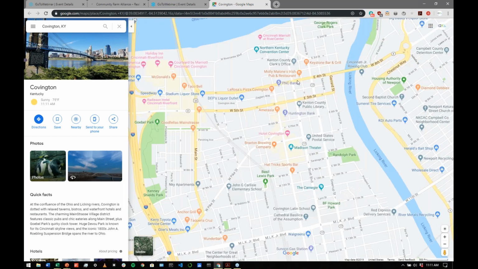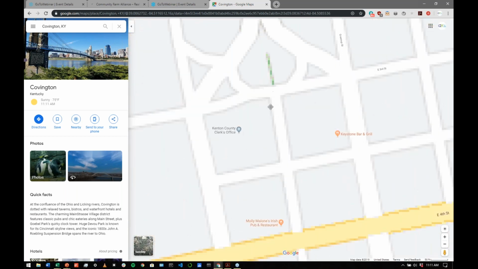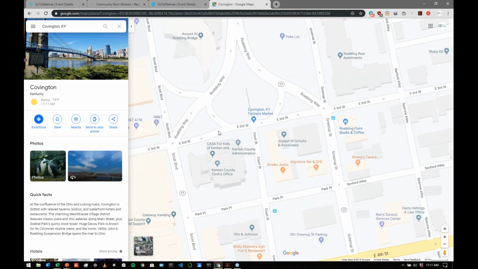So the first one we're going to talk about: the market itself is located right here on 3rd Street, between where these two roads filter through. It runs the length of these two spaces, but the bulk of the market is located between these two roads.